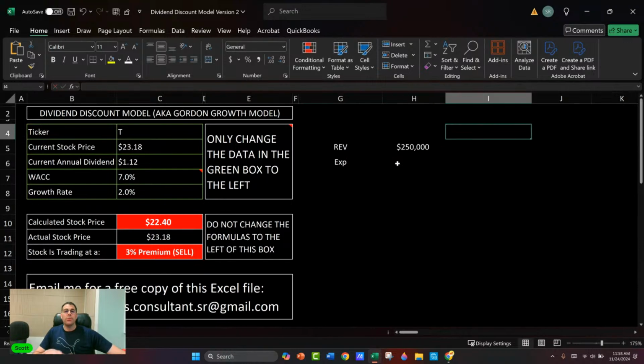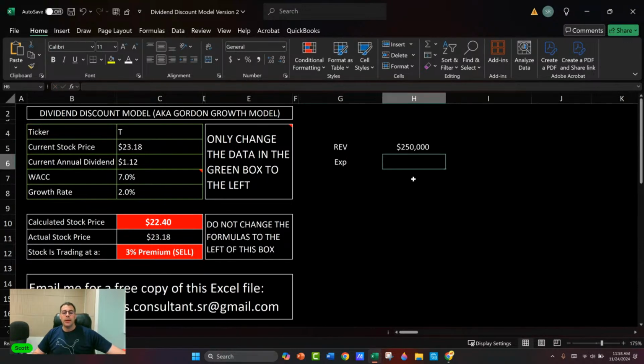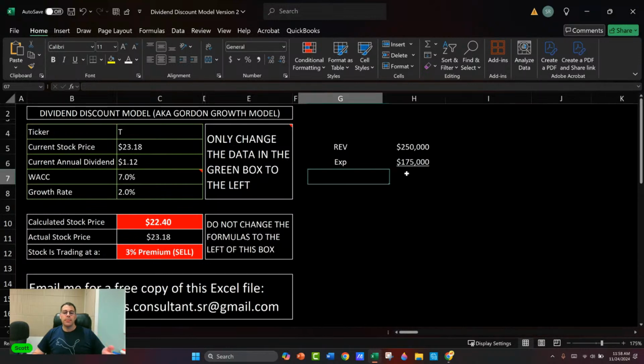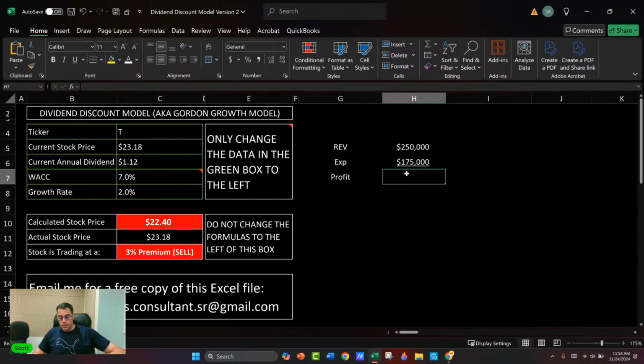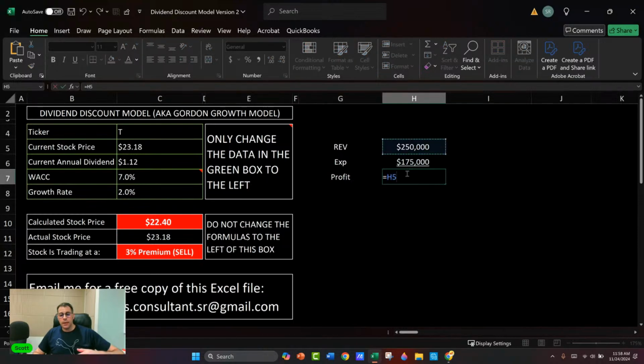Expenses, assuming you don't pay yourself a salary, let's just assume that, and say expenses could be rent, supplies, payroll. So say this is for the whole year.